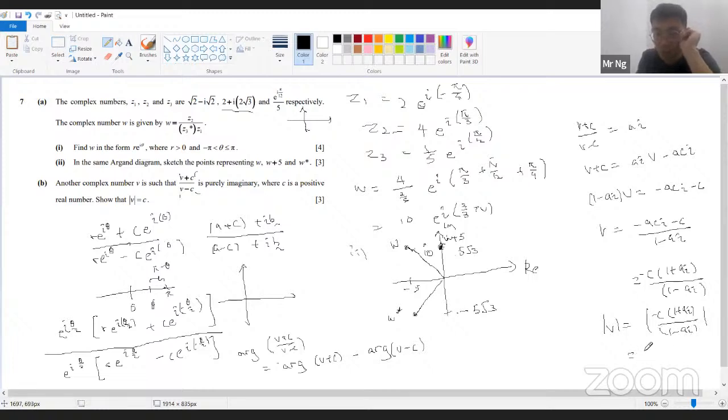So modulus of B equals to modulus of this thing, so equals to modulus of C. So equals to C. Then this over this. Because 1 plus Ai and 1 minus Ai are conjugates of each other, their modulus is the same.